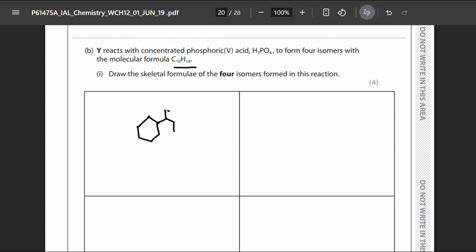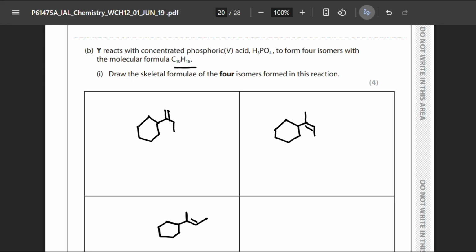So you can draw different isomers, like one with 6 carbon, and there must be 1 double bond. So this can be 1 isomer. The second isomer can be 6 carbon, 7, 8, 9, 10. 10 carbons, and it has a double bond.